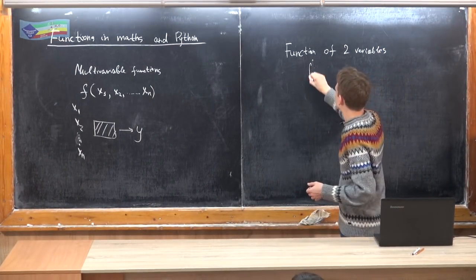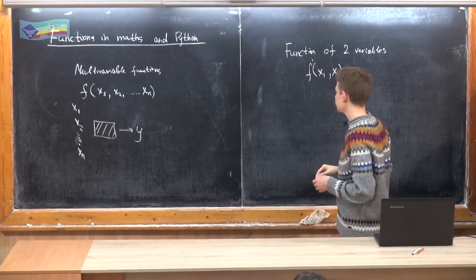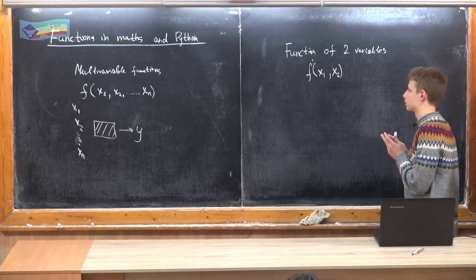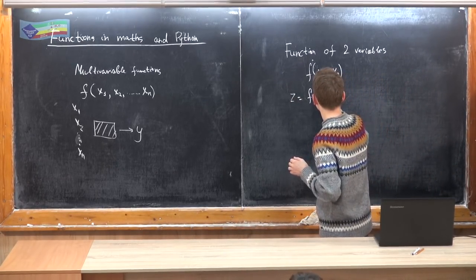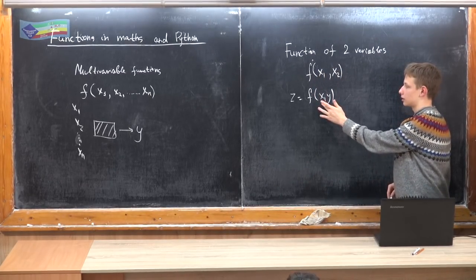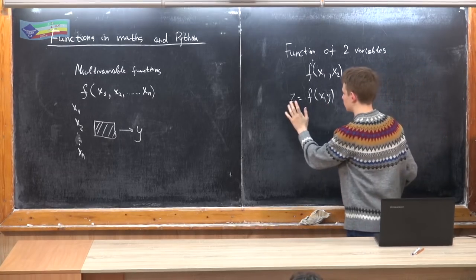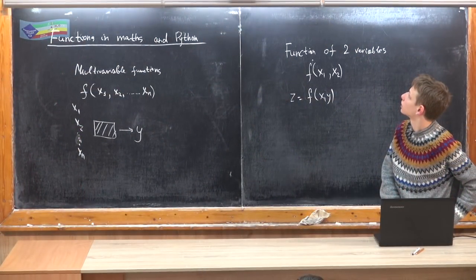So it can be written as x1 and x2. Or sometimes it's easier to write like that: that it depends on x and y, and we get z. So now let's take a look at examples.